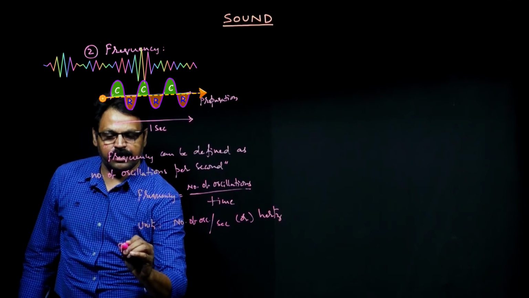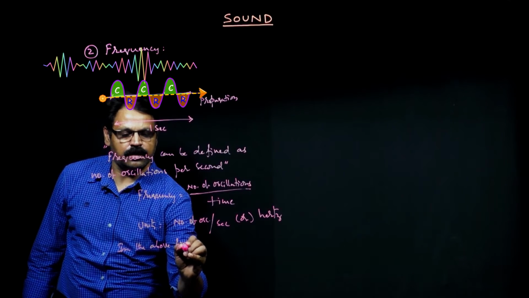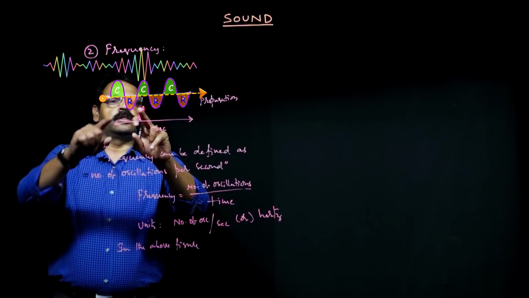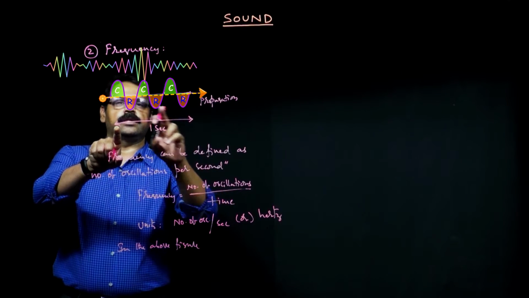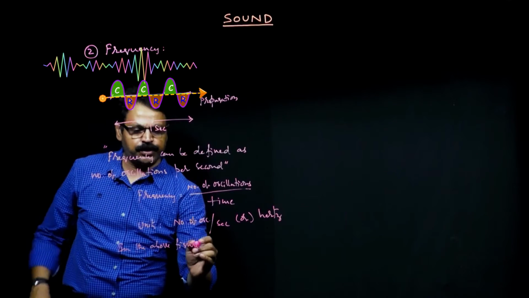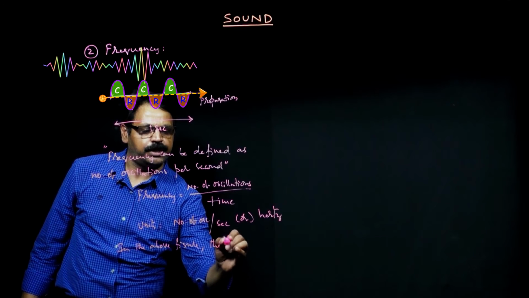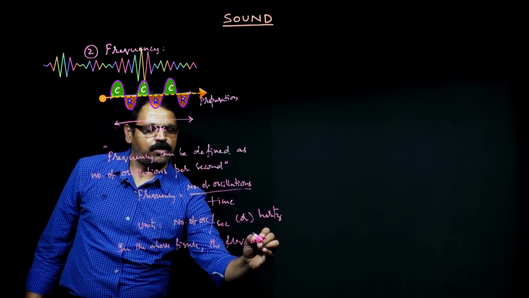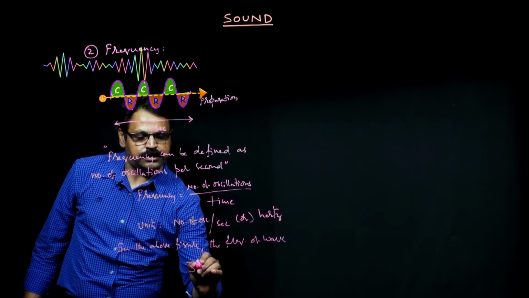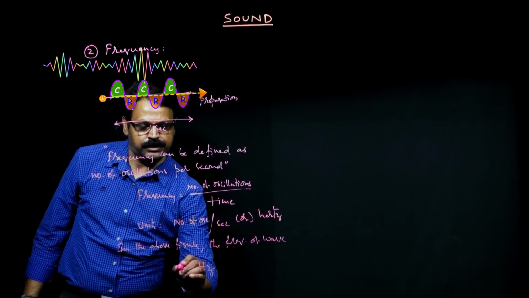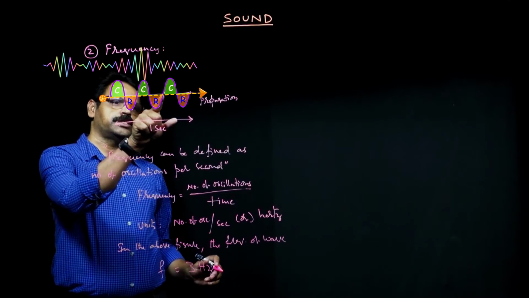So in the above figure, the frequency of this wave is going to be, from here to here the time is 1 second and 3 oscillations are produced. The frequency of the wave can be written as 3 Hertz, because it is making 3 oscillations per second.